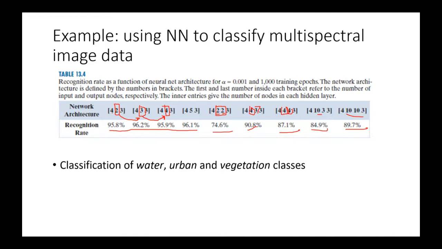So what does it mean? One hidden layer with 2 neurons gave you a value that's very good, and once I started adding more layers, the recognition rate degraded. That's what I said from the beginning of this topic.